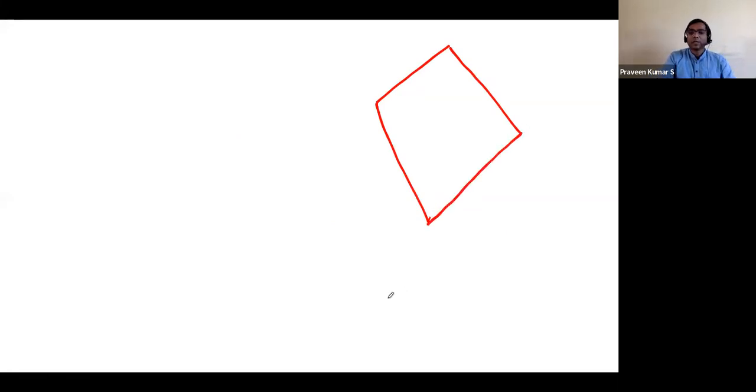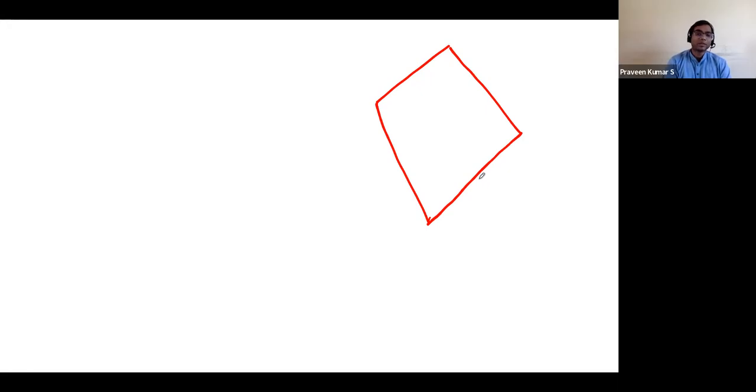Let me say there are no sides which are equal. And if I give you a question where I ask you to calculate the area of this shape, then what will you do? How will you calculate?